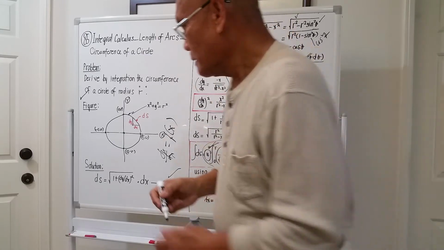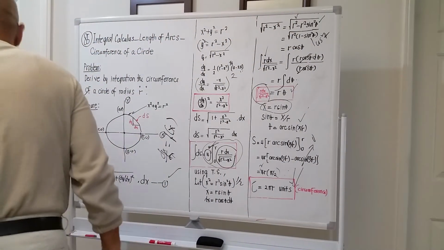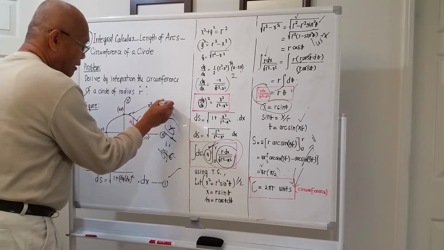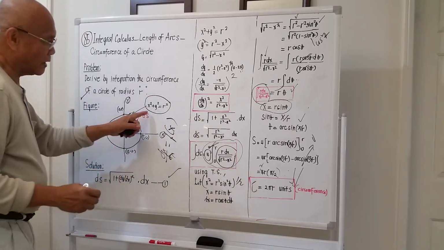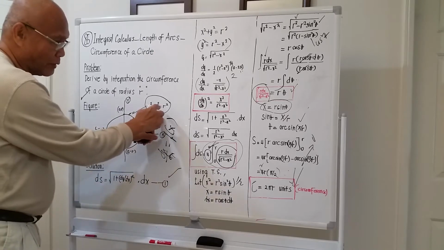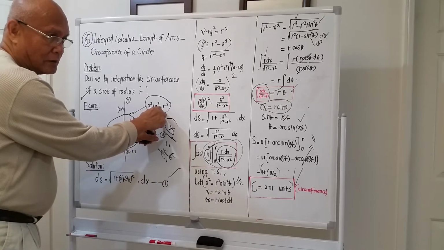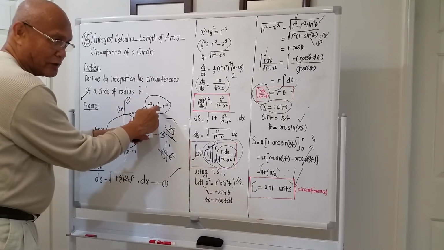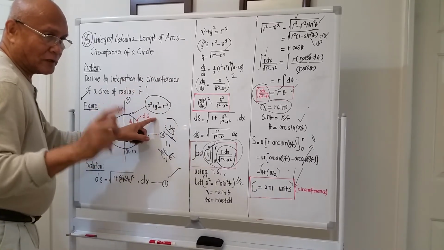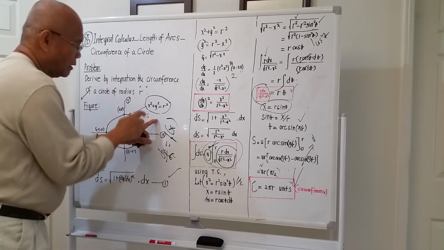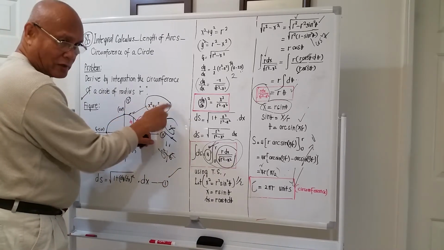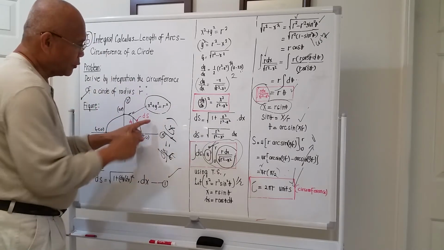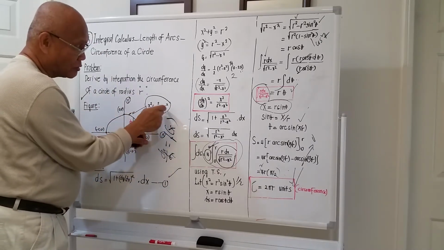And we will get that relation from the equation of the circle. The equation of the circle with center at 0, 0 is actually x squared plus y squared equal to r squared. Okay? So we will get the relation of dy dx from this equation here. It is from analytic geometry. x squared plus y squared equal to r squared is actually an equation of a circle with center at 0, 0 and the radius of r.